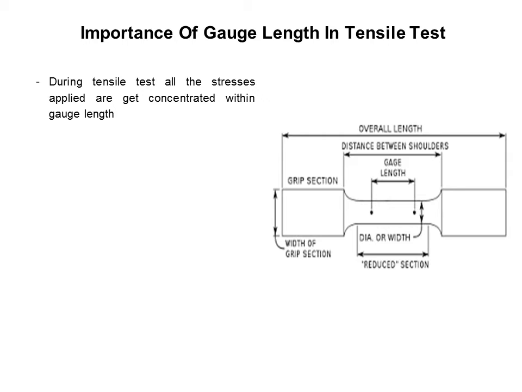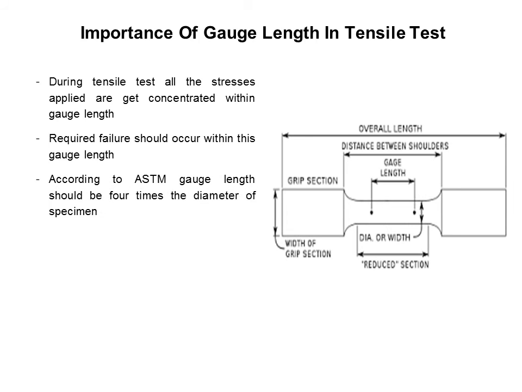During the tensile test, all the stresses applied get concentrated within the gauge length. The required failure should occur within this gauge length. So, it is important to note down the gauge length before the test and after the test, because all stresses applied during this test are concentrated in this gauge length. So obviously, failure should occur within that gauge length.